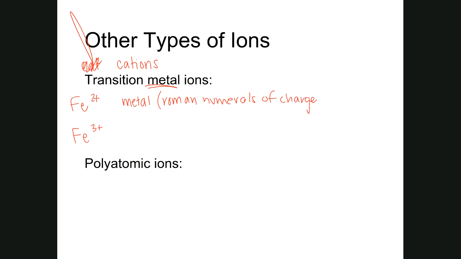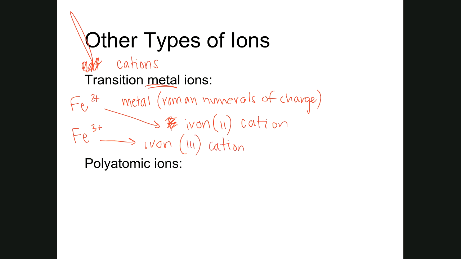So remember, we have to specify what the charge is, and we use Roman numerals to do that. We already know that it's positive because it's a metal, so we don't have to specify that. So for our first one, that would be called iron, parentheses, 2. And since it's a cation, remember we add cation at the end. And then our next one would be called the iron 3 cation.